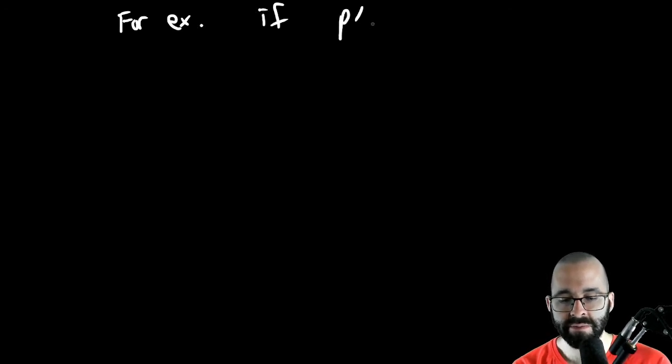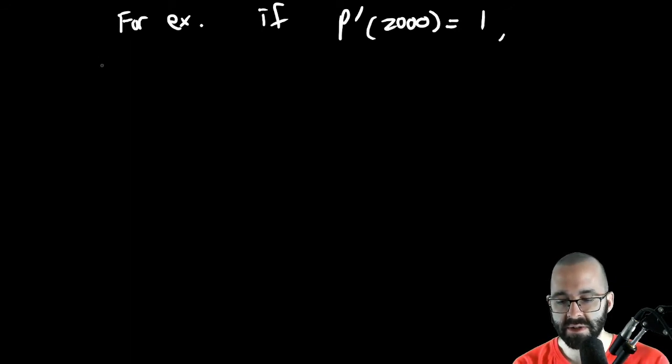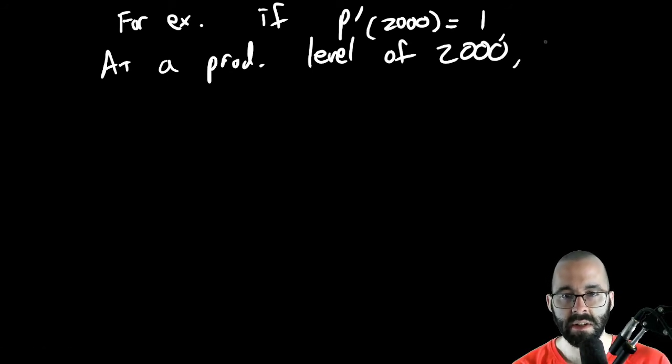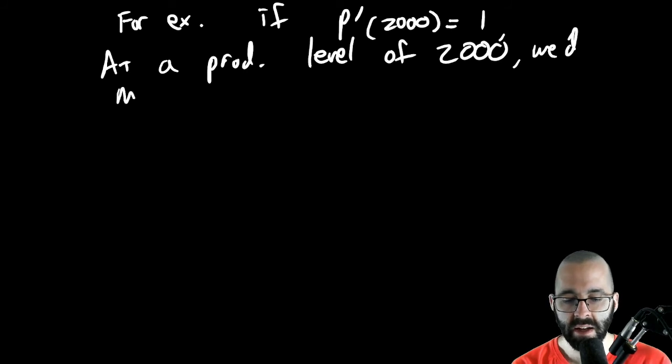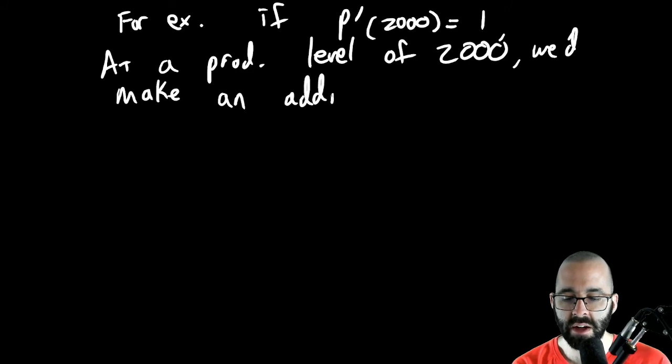So, another way of interpreting B, for example, if P prime of 2000 equals 1, this says that at a production level of 2000 units, we'd make, this is a big slope, we'd make an additional $1,000, right?